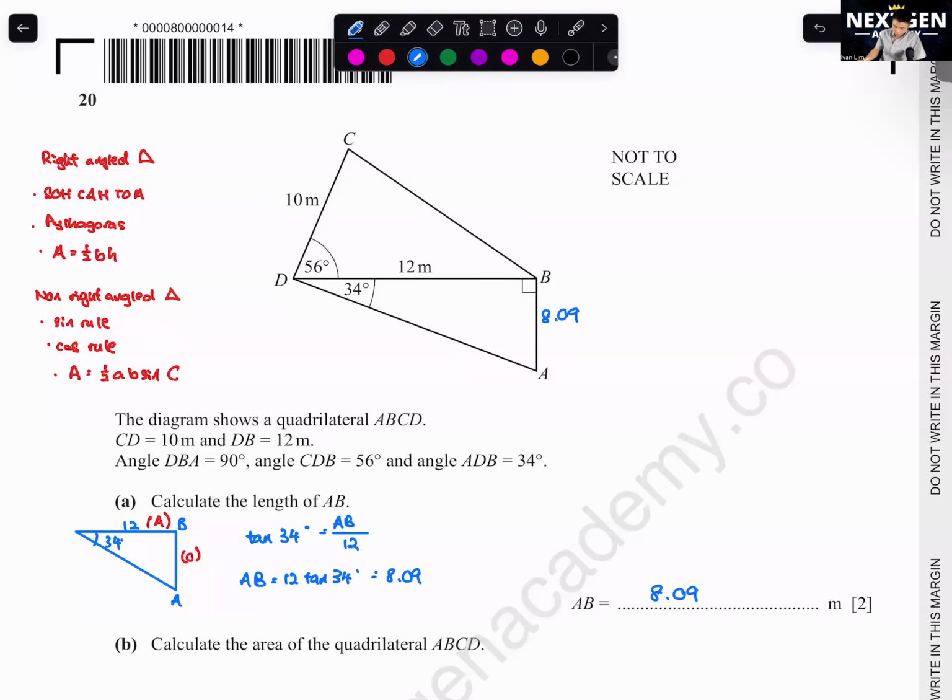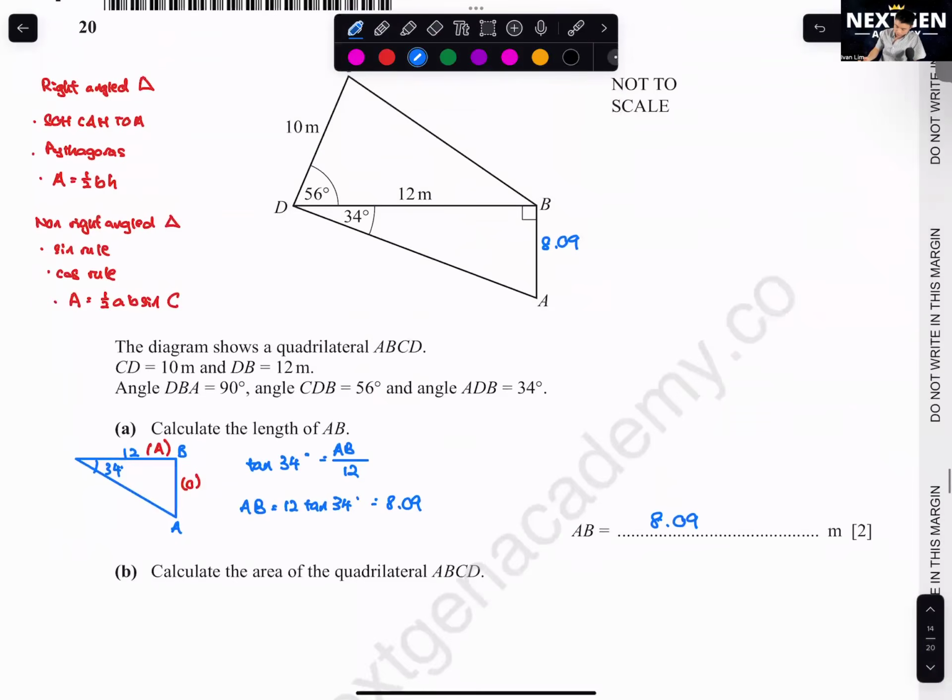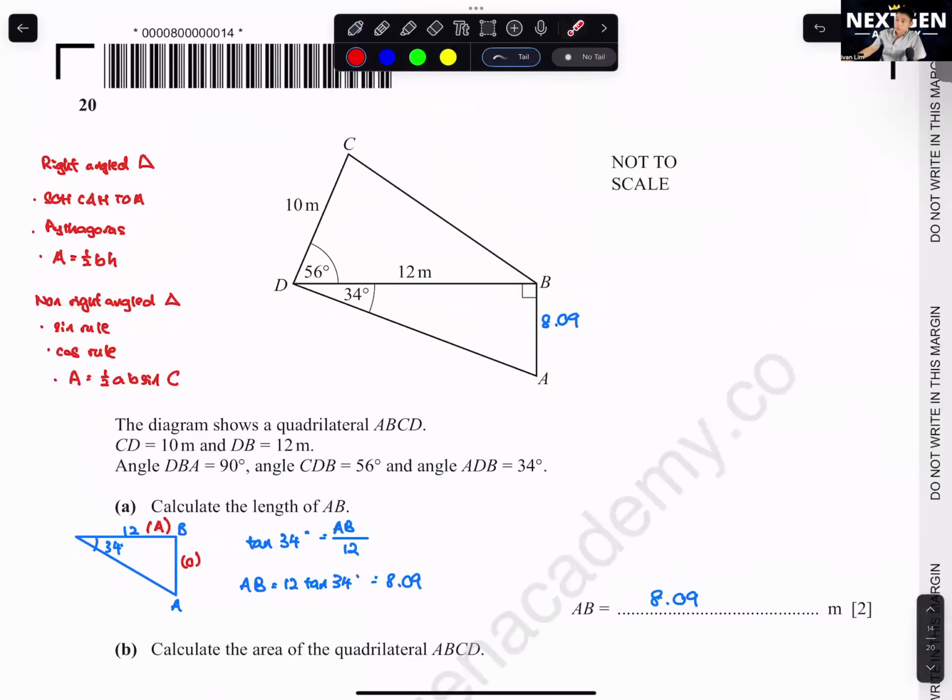The next one, the area of the quadrilateral ABCD. This is a 3-mark question. One is a right angle triangle, we can use half times base times height.